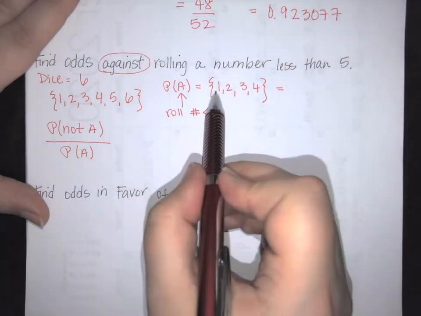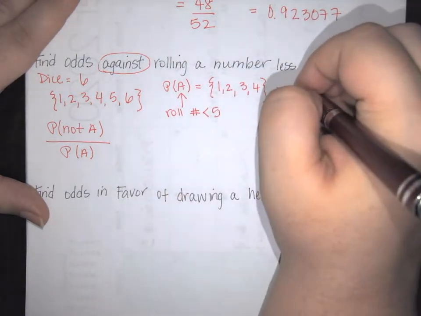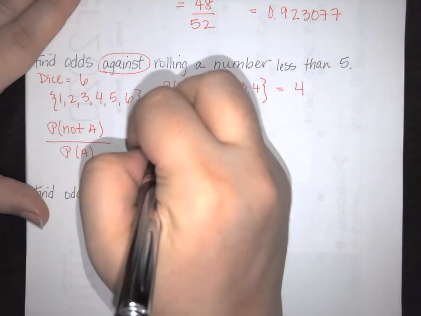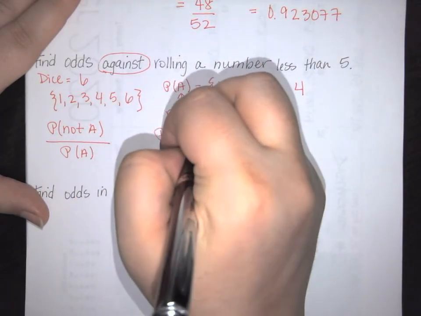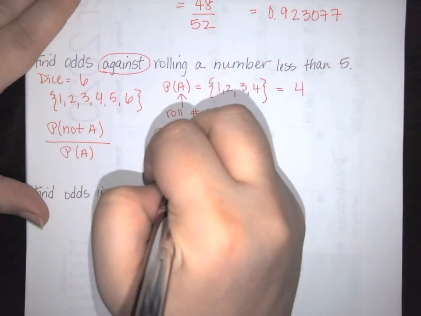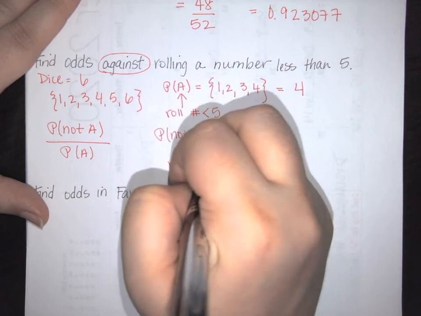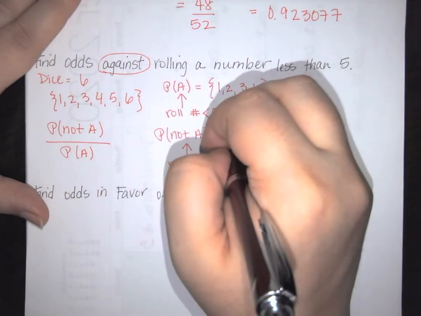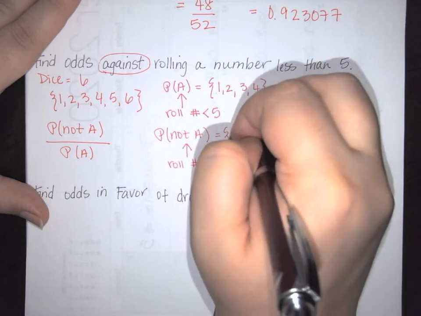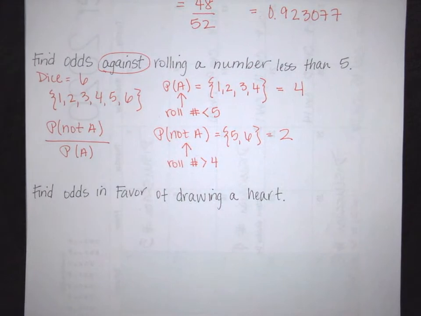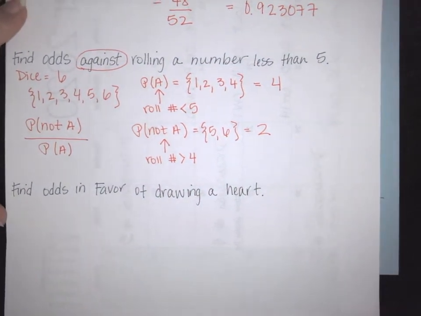So if I count up how many are in my event, I have 4 in my event. Now the probability of not A means essentially I am looking at rolling a number greater than 4. So here this is going to include 5 and 6. So not rolling an A is a 2. Now remember, my die had 6 sides.